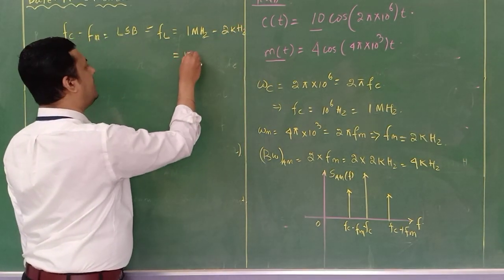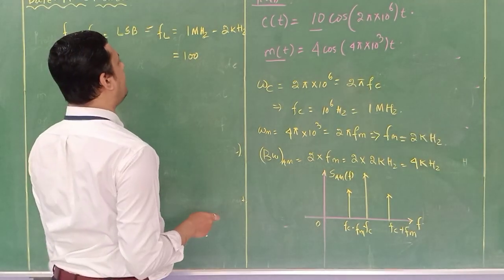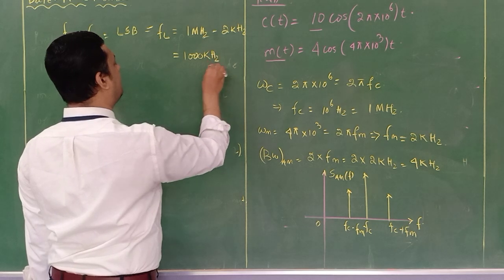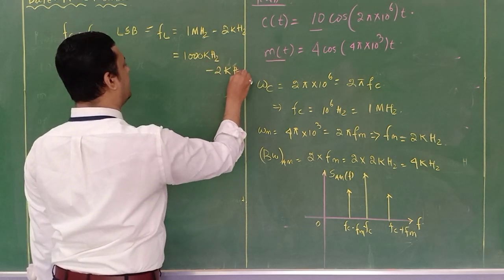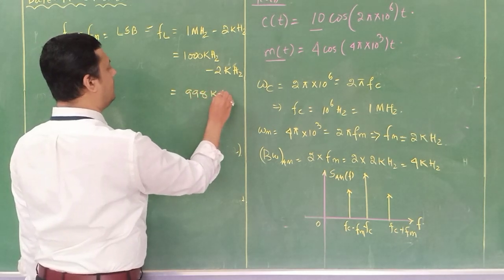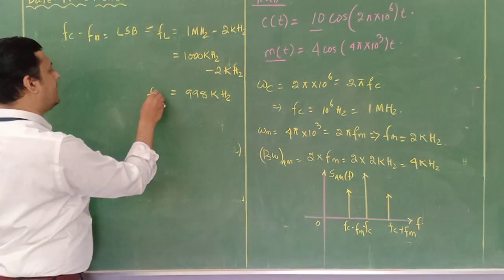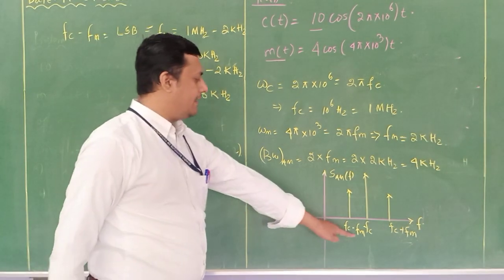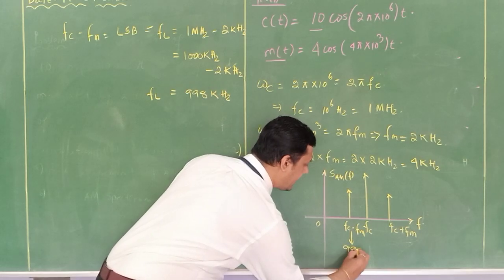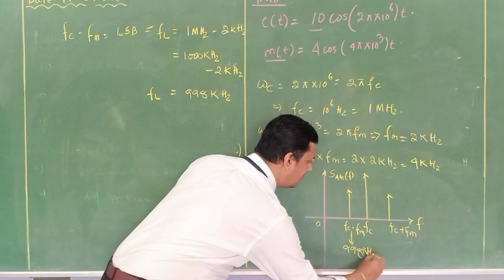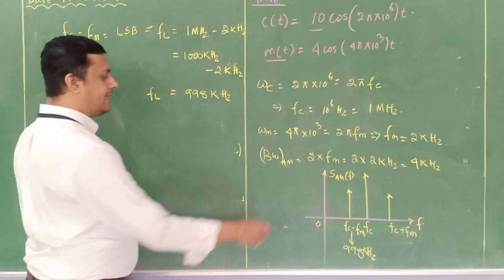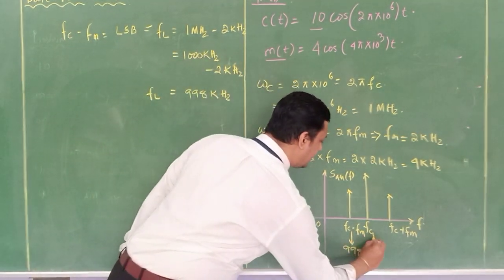Now 1 MHz I can write as 1000 kHz minus 2 kHz. So that means it is 998 kHz. So Fc minus Fm, we have got 998 kHz. And what is our center frequency?